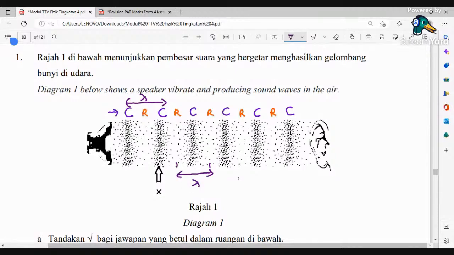You can take center to center. Nanti you all tak nampak pula. Just take center to center. Okay, so both can. Rarefaction to center of rarefaction or compression to compression.